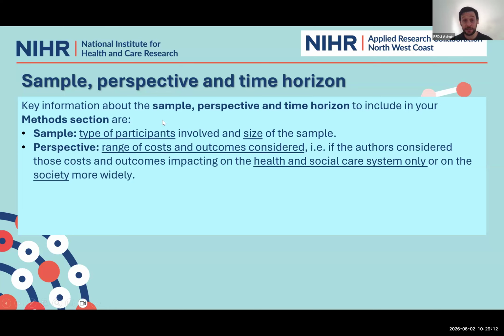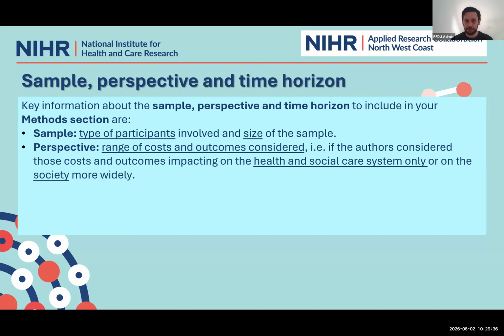The perspective will be related to the range of costs and outcomes considered. So the costs might be those attributable to the health and social care system only, for example, or they might be attributable to the whole of society more widely.